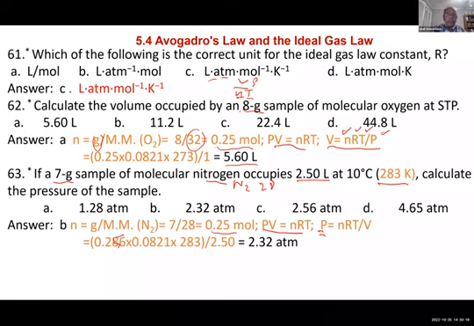R is the ideal gas constant. 283 is the temperature. 2.5 is the number of liters, or volume. So you get 2.32.